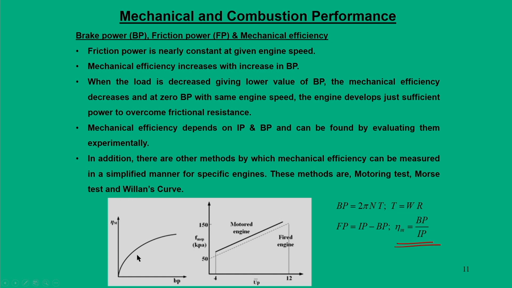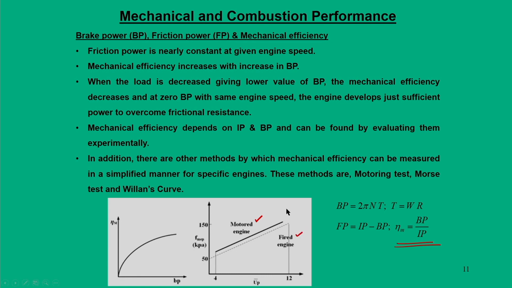Now, another concept we are going to discuss is how to calculate the friction power. When the engine is run without any brake load, we call this a motored engine. We also have another word, fired engine.